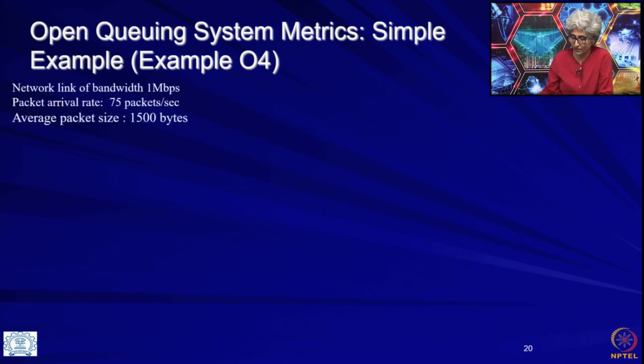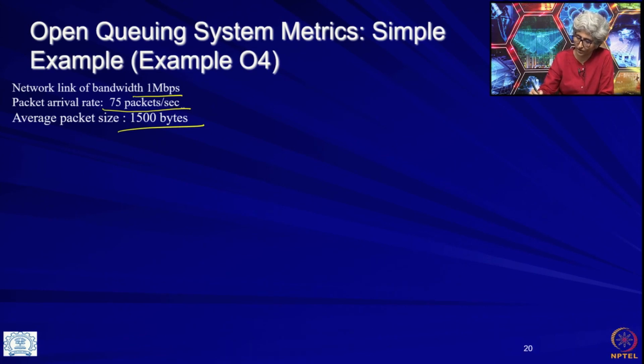Last example before we wrap up for today. Let us consider a network link of bandwidth 1 megabits per second, and suppose to this network link packets are coming at 75 packets per second, and average packet size is 1500 bytes. So, we have to do a little bit of calculation here to get all the units the same.